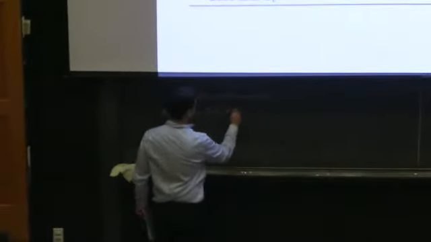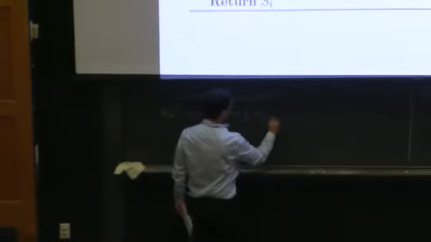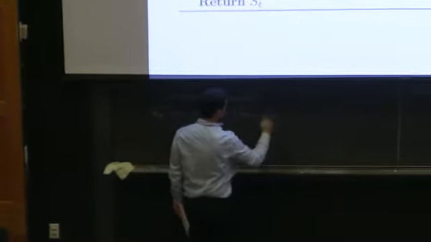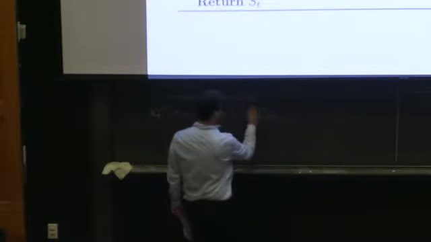So k again is indexing the particle. So we're sampling a state at time step t from the conditional probability distribution of x_t given x_{t-1}. So that's the previous state, the previous control input. This is k.